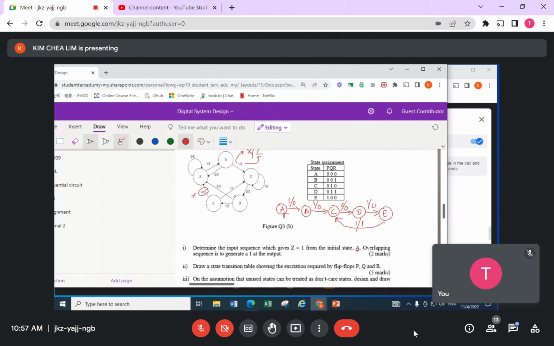So this is a part. In the whole sequence here, only this one gives you a 1 for Z. And the question says overlapping sequence is going to generate a 1 here.